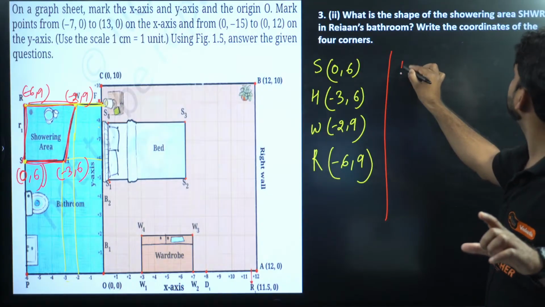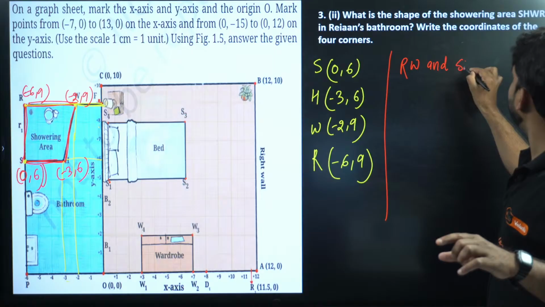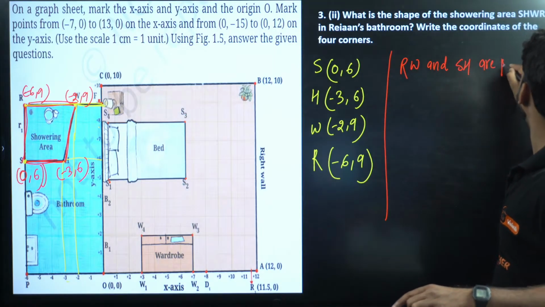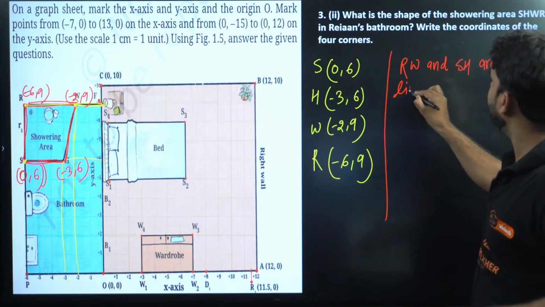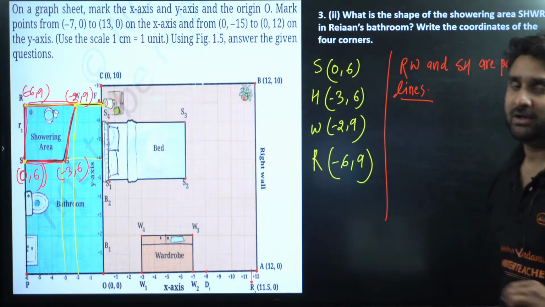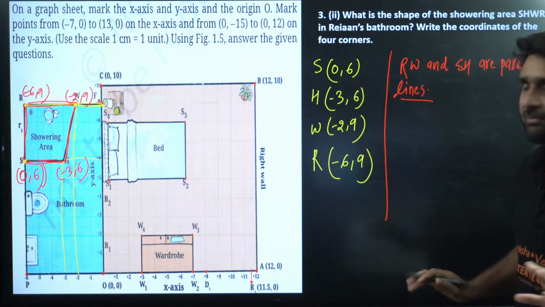So here we can mention RW and SH are parallel lines, and we all know in any quadrilateral, if any one pair is parallel to each other, then the quadrilateral will become trapezium.